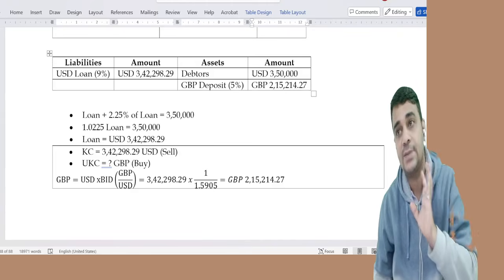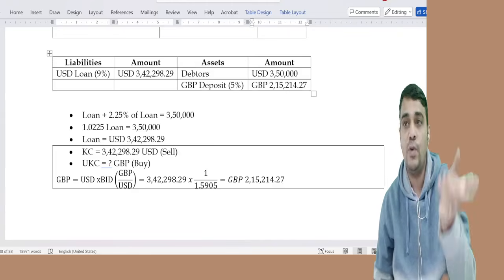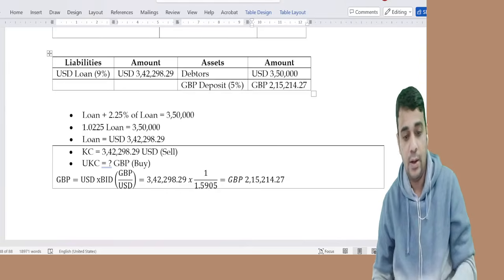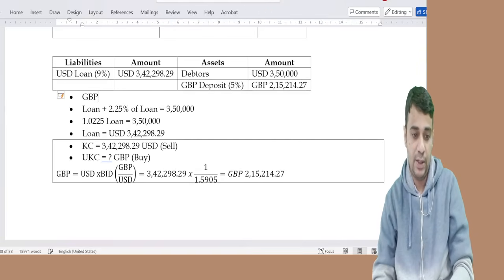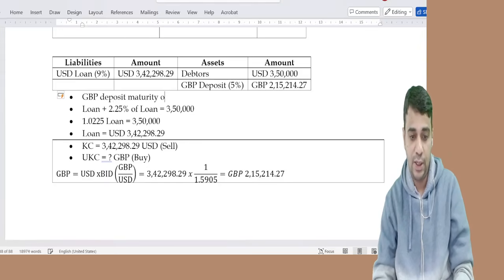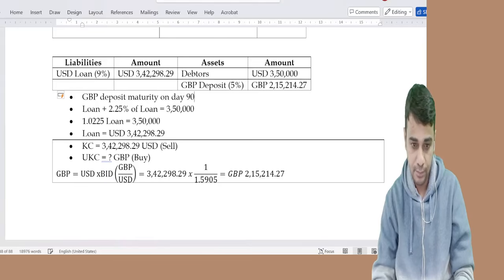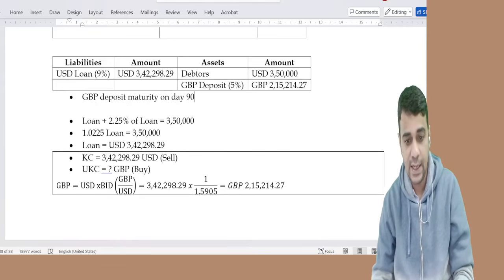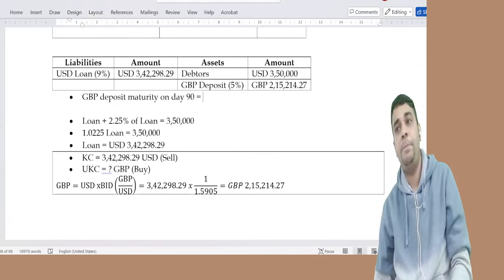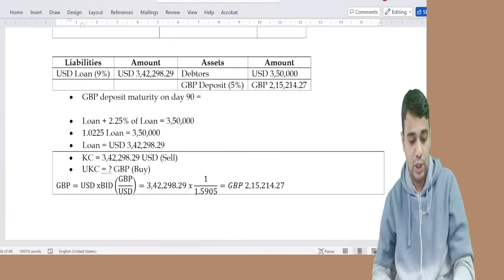US dollar debtor and US dollar loan will knock off each other. Next, GBP deposit maturity on day 90. Once this is done, I'll explain the detailed step.